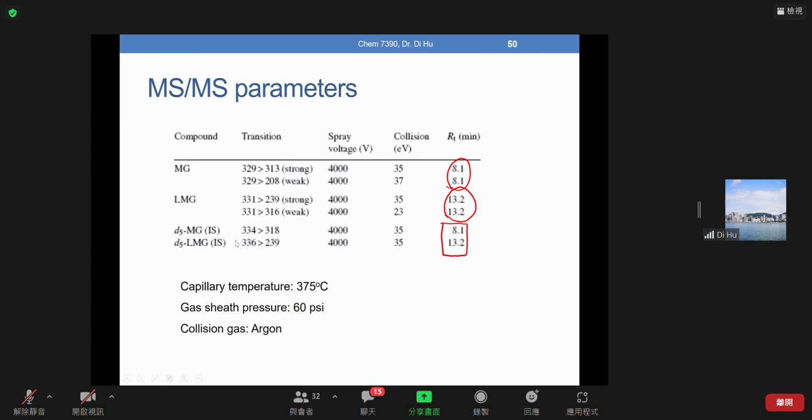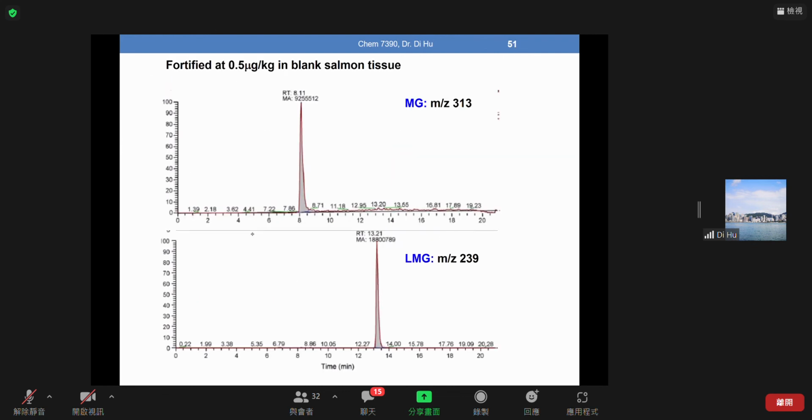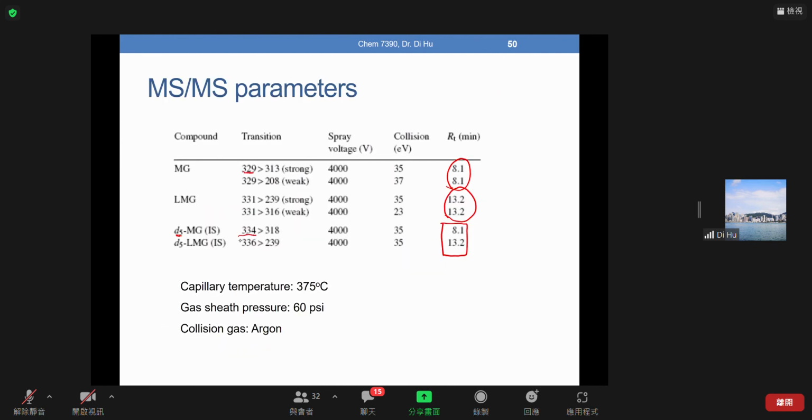Remember, they have different what? Different molecular weight. Okay, so D5 melanocortin green has 5 hydrogens replaced by deuterium, so it's like 3, 3, 4. And leucomelanocortin green is also D5 here, 5 replaced, so it's 3, 3, 6.